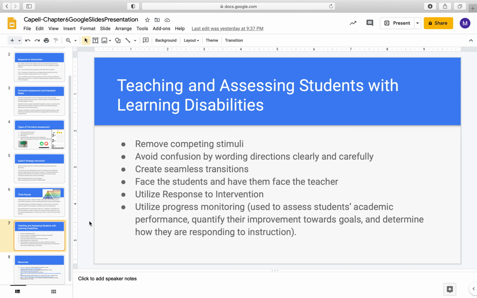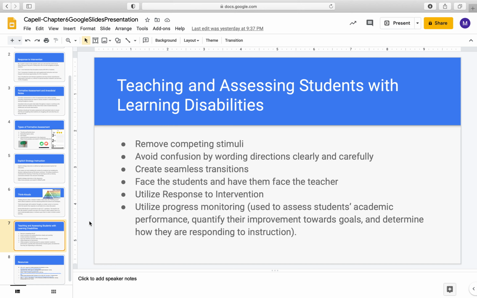And then utilizing response to intervention is especially good for students with maybe learning difficulties. And then utilizing progress monitoring. This is another thing that was always on the back burner for me, and I never was pushing it to the front.